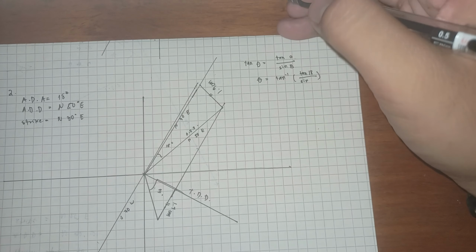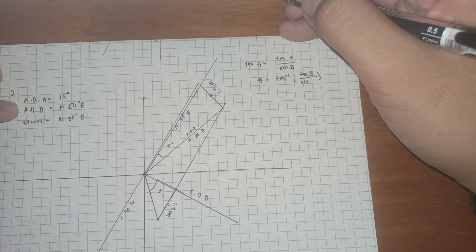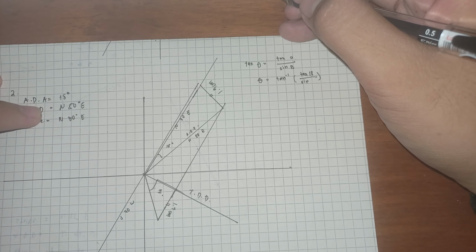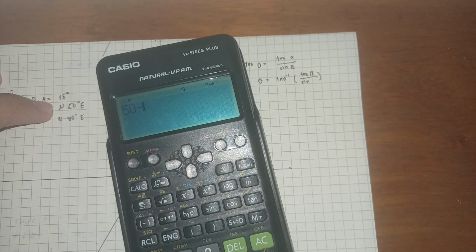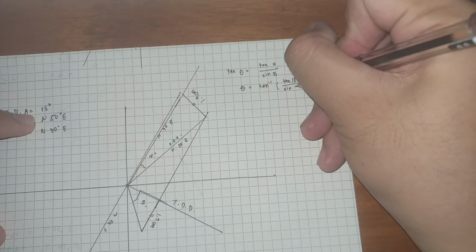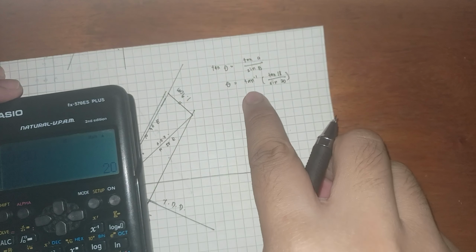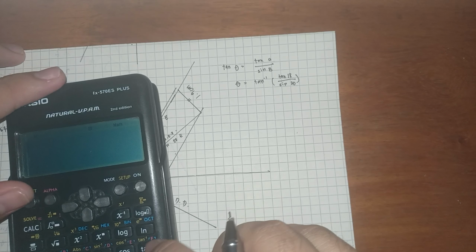So based on this one, our strike is 30. Our apparent dip direction is 50. So 50 minus 30 is equal to 20. So now, let's plot it on our calculator.